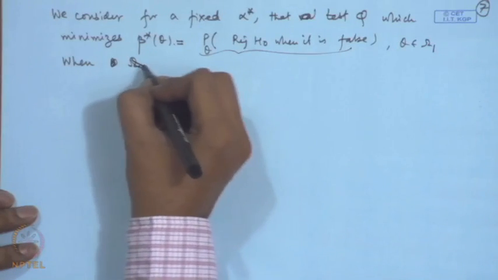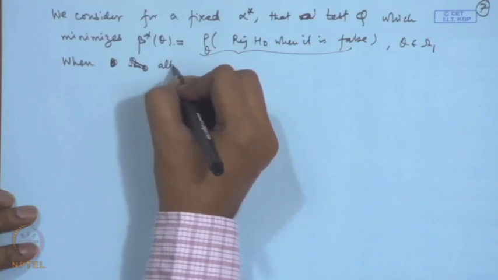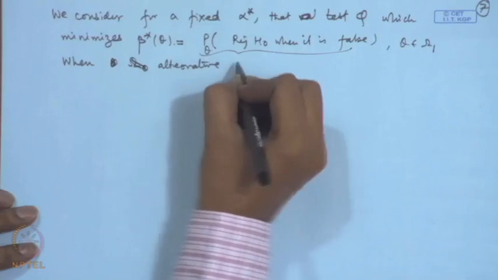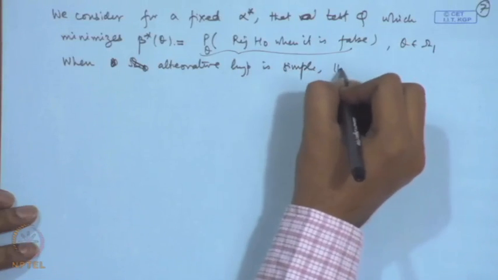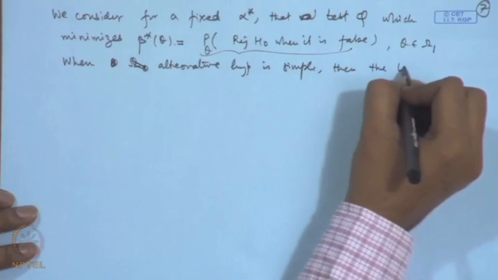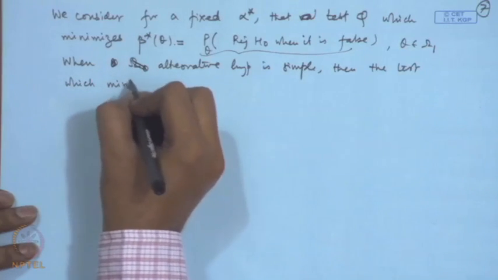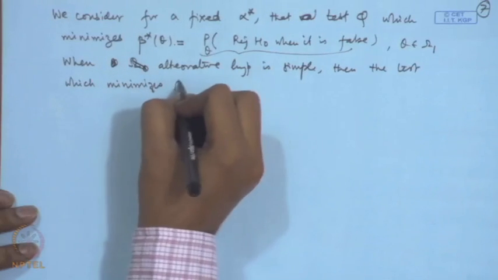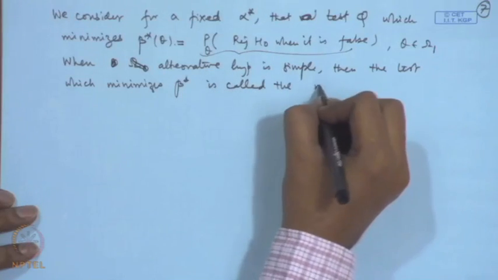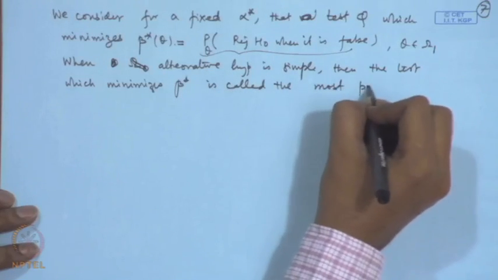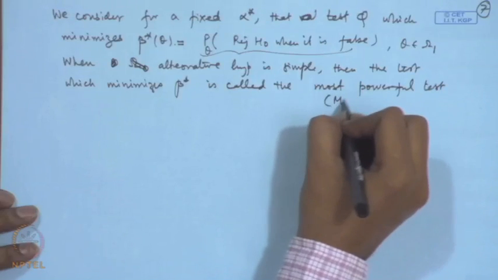So, when the alternative hypothesis is simple, then the test which minimizes beta star is called the most powerful test, or MP test.